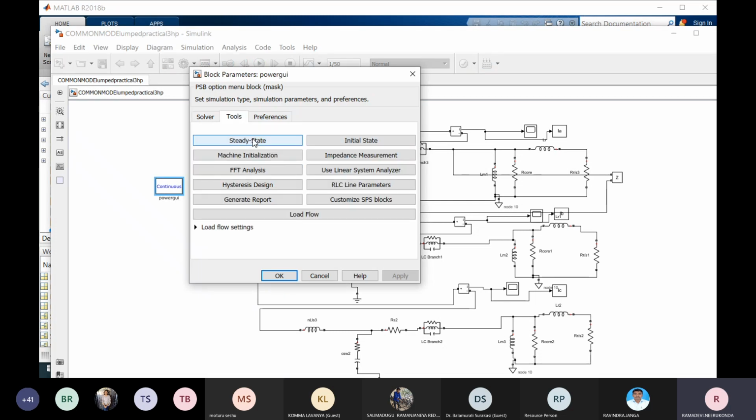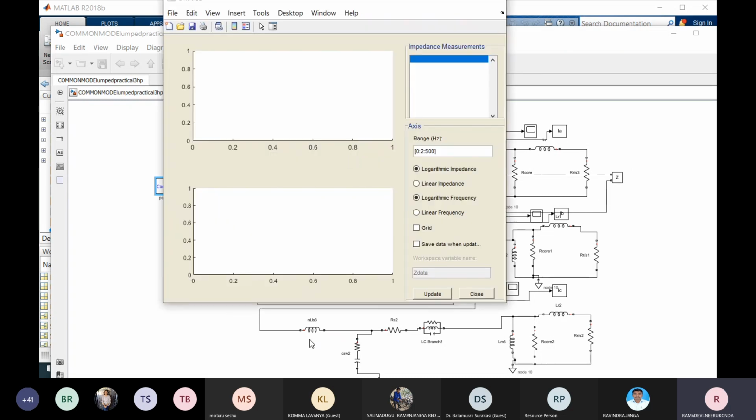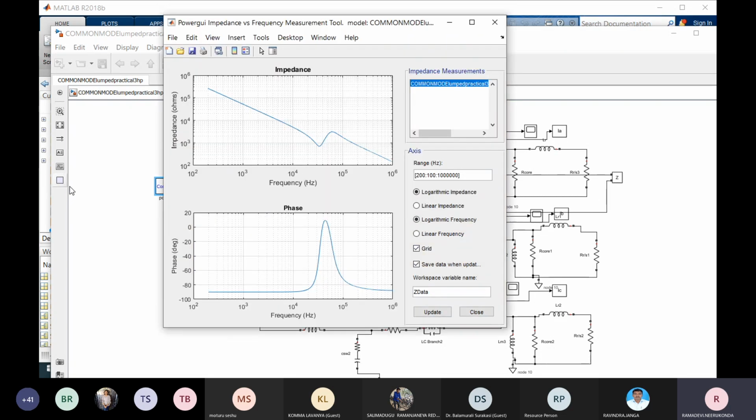Here in tools, we see steady state, initial state, machine initialization, impedance measurement, FFT analysis. So various analyzing methods are there. Even load flows are executed with the help of this power GUI block. Now our requirement is the measurement of impedance, so we go with the impedance measurement.